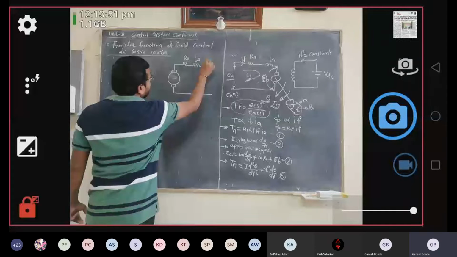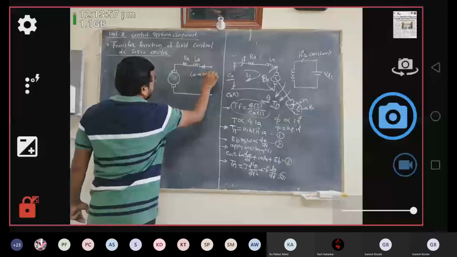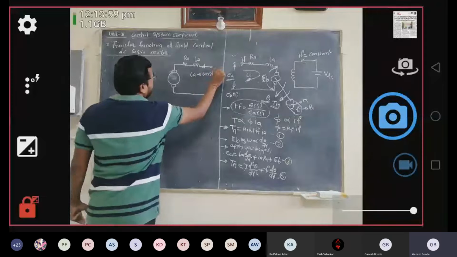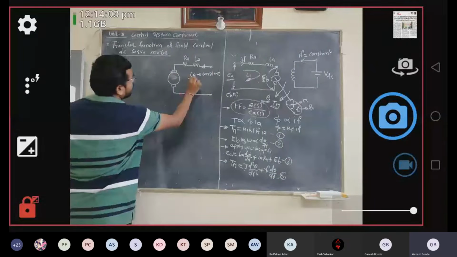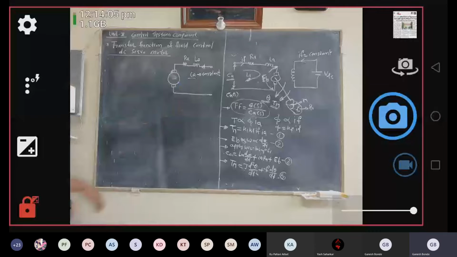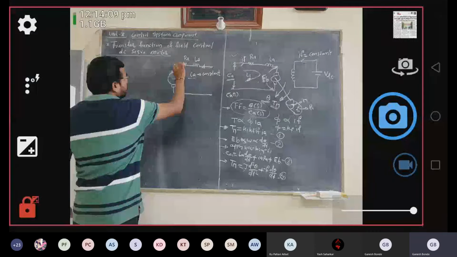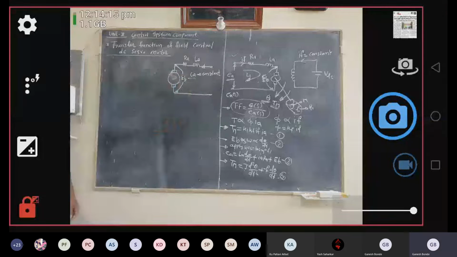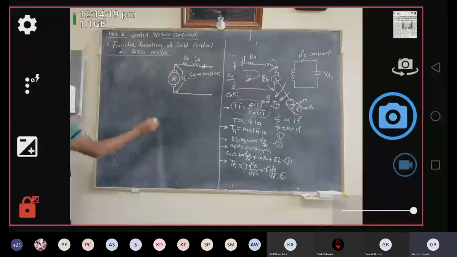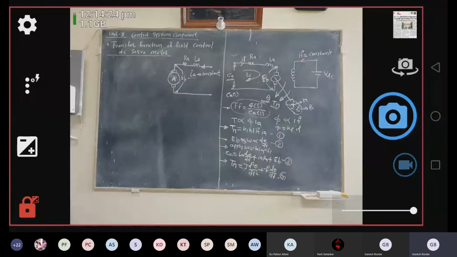Therefore, the armature current IA is constant, as it is supplied with a constant voltage source. So the current drawn by the circuit is constant, or you may feed this armature circuit by a constant current source. This is the back EMF EB, which is developed across the armature. So the current drawn by the armature circuit remains constant during the field control.